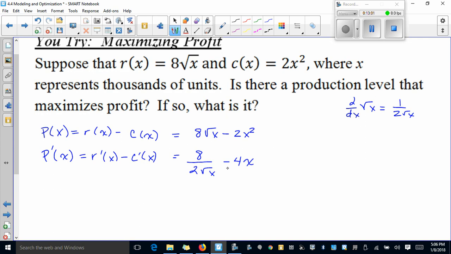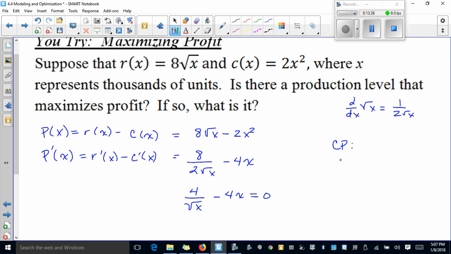We used the quadratic formula. We had to really work for it. This one here, keep in mind I have a radical in the denominator, which tells me that if x is 0, it's going to be undefined. So x equals 0 is a critical point, but we know we're not maximizing our profits at 0 because if you're not making anything, you're not making any money. But you're spending it.